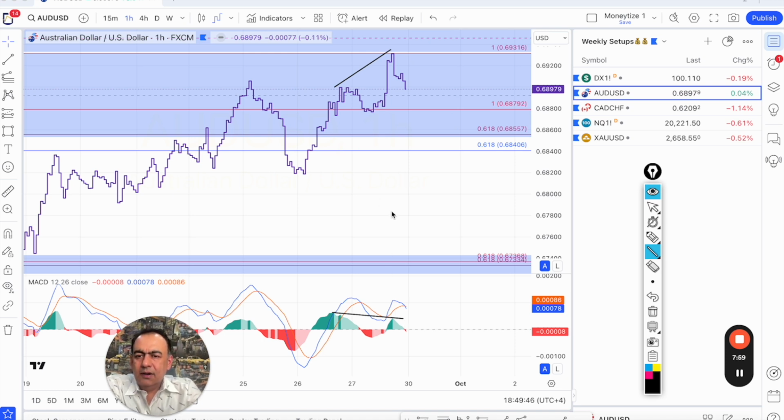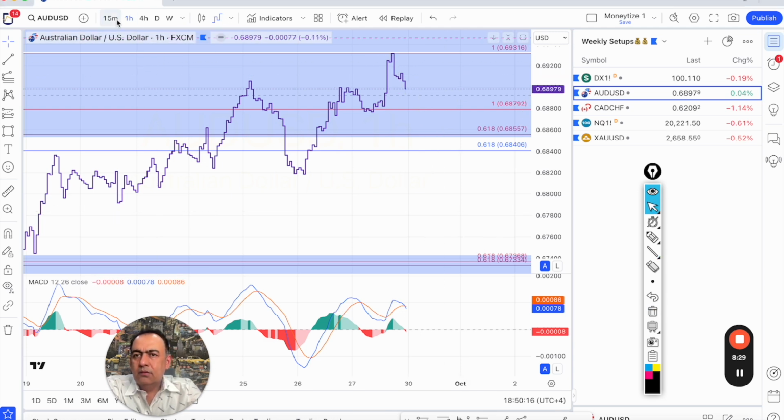So if dollar index corrects in the upward direction, then the AUDUSD will correct downward, and any correction should be taken as an opportunity to buy. You might get first opportunity around 0.6840. If it fails, then the next one should be around 0.6750 as a psychological number, or to be precise, around 0.6736, and look for buying opportunity.